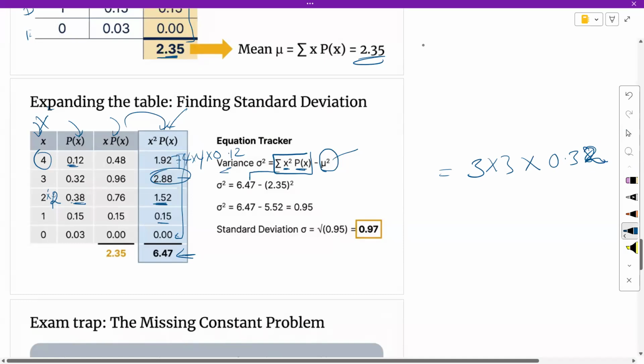The mean is 2.35, and we have to take the square of that, 2.35 squared. Here we calculate the variance: 6.47 minus 5.52 equals 0.95. So this is the variance, and we know the standard deviation is equal to the square root of variance. So that is the square root of 0.95, equal to 0.97.